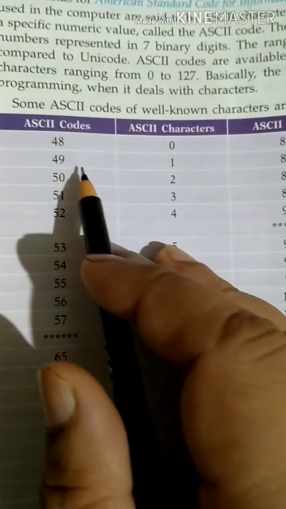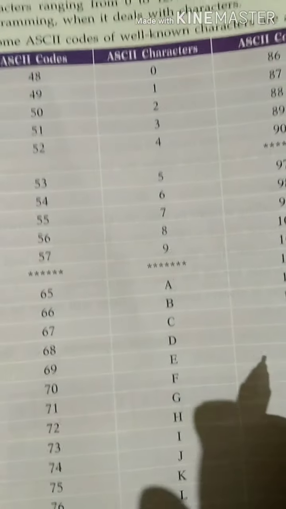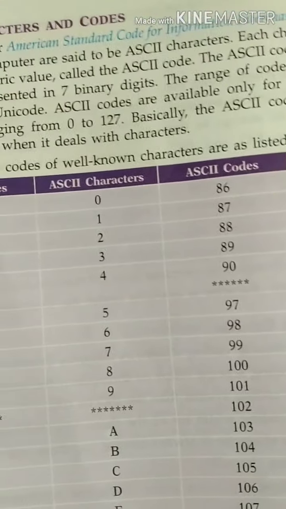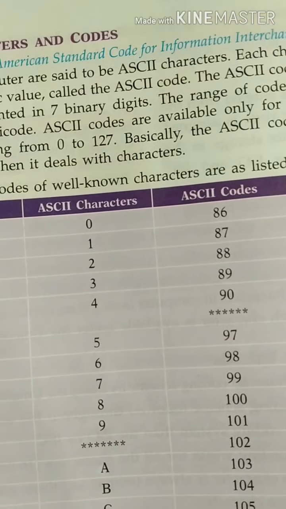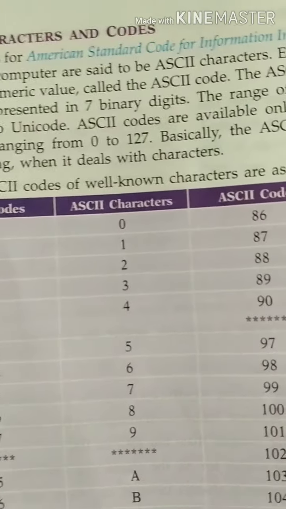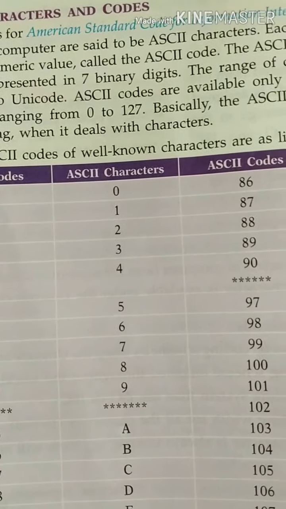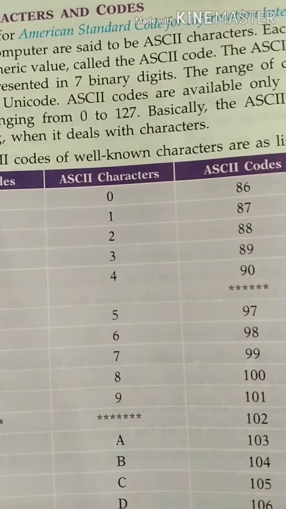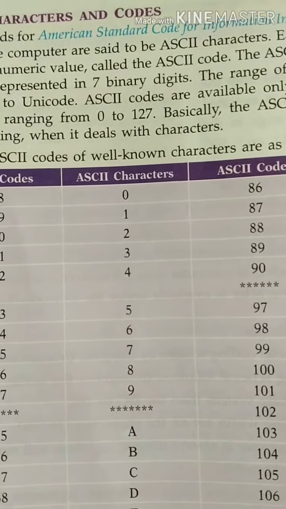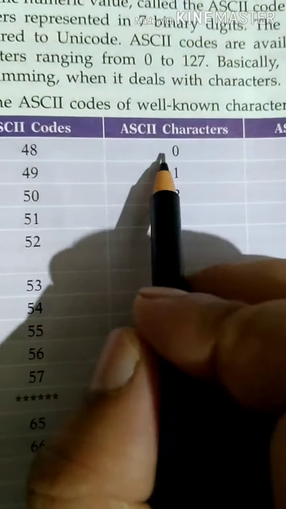Okay, so characters you can write. Total 256 characters are given in ASCII code. You can use this with the help of Notepad. Open Notepad and hold the Alt button, and from the numeric keypad you press 48, you will get 0.